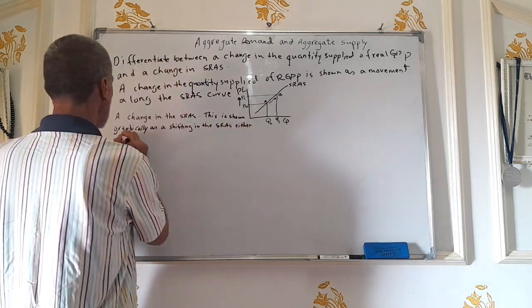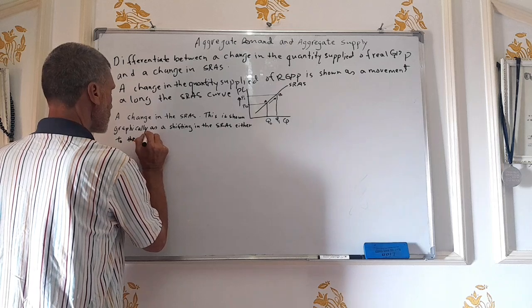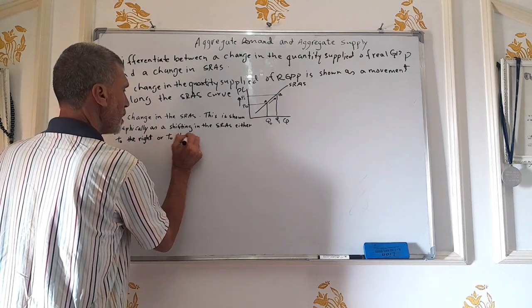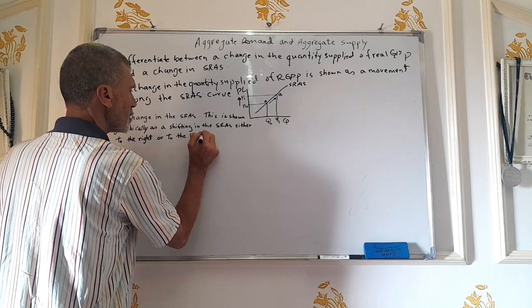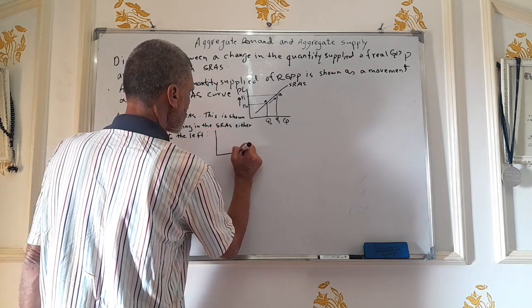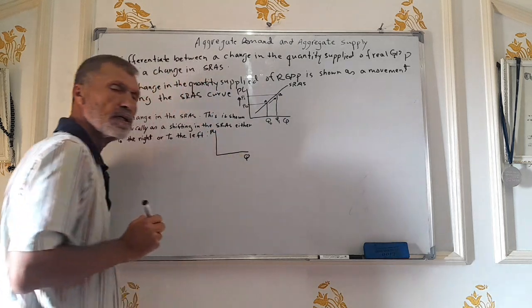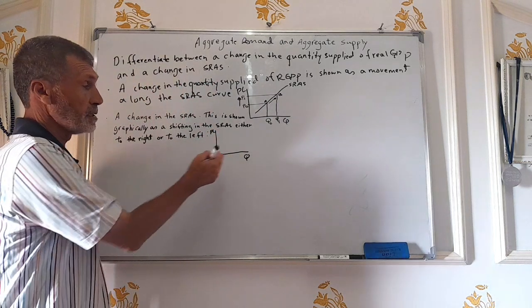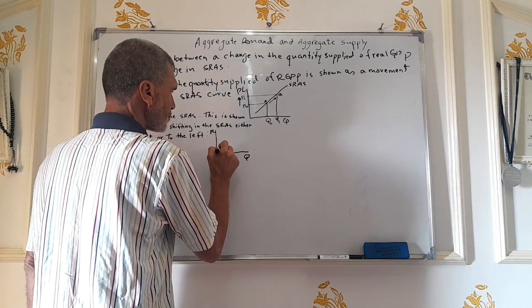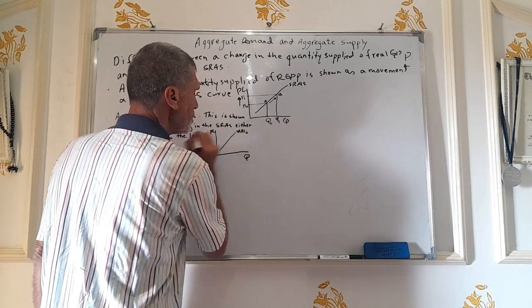Either to the right or to the left, such as this. This is the price level, and this is the real GDP, okay, and this is short-run aggregate supply 0.